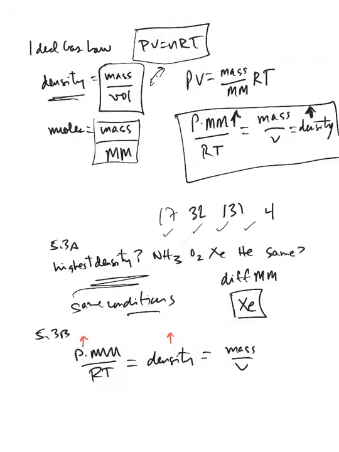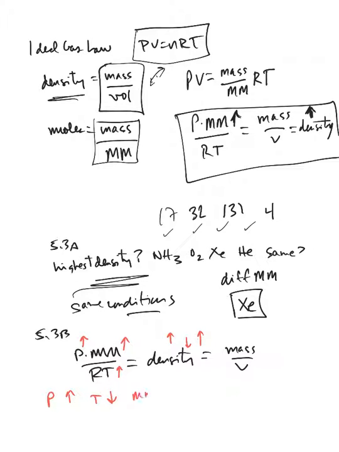Temperature is in the bottom. So if temperature goes up, that means the density will go down because it's in the denominator. So pressure is directly proportional. Temperature is inversely proportional. And the final one is molar mass. I called it MM, but your book calls it capital M. If the molar mass goes up, then the density goes up because it's in the numerator.